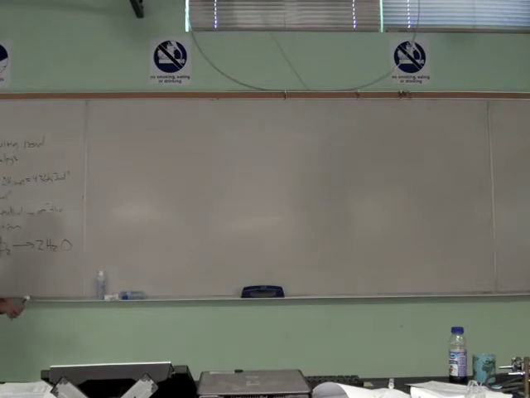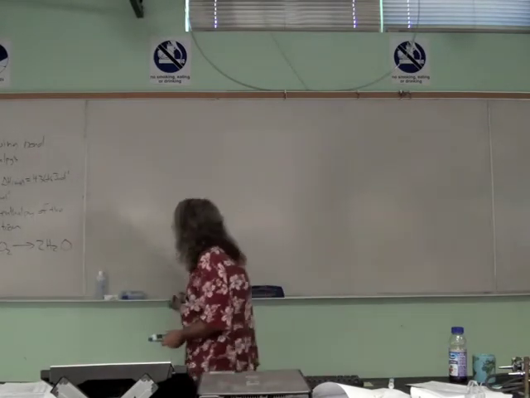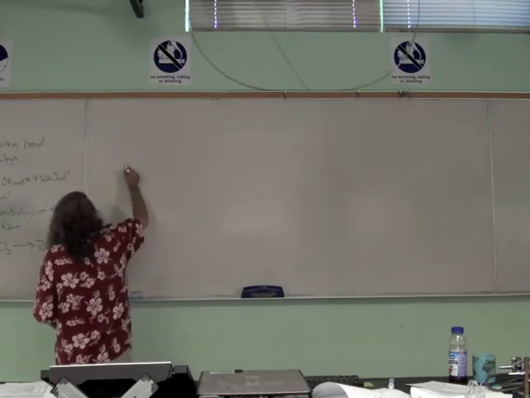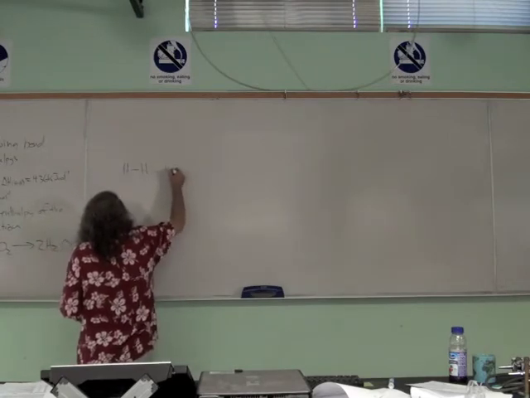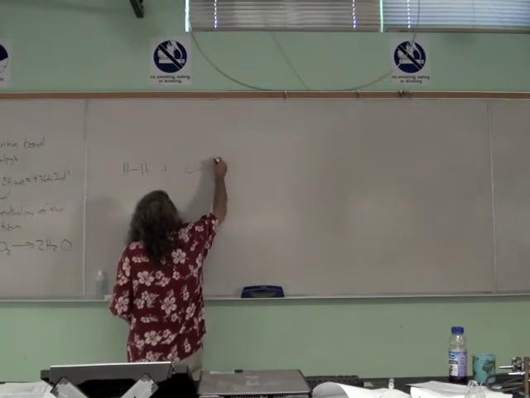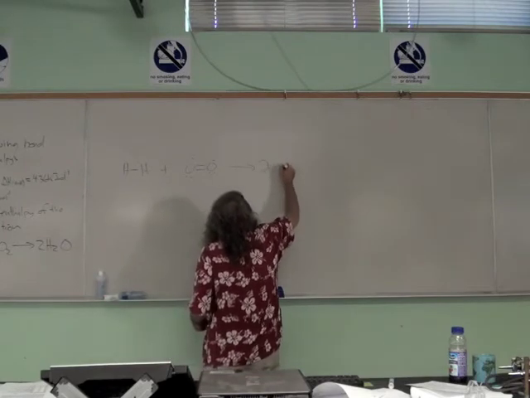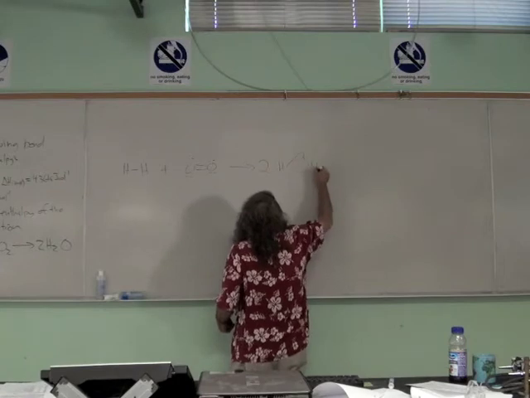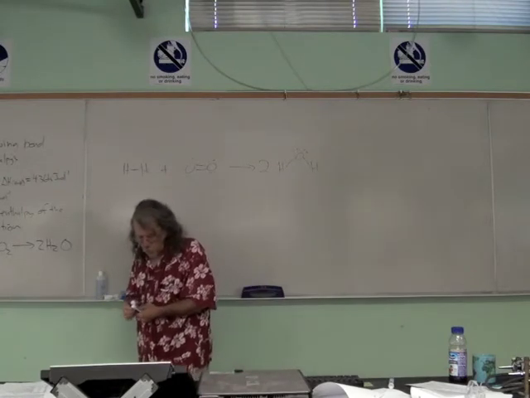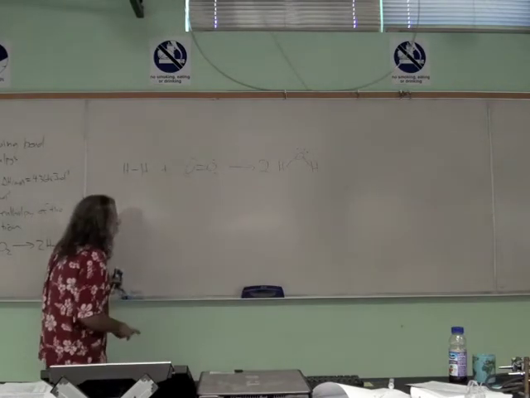All of this work is done on scratch paper. Let's do it. I'm going to have to draw the molecules, so just like we did before on the bond dissociation energies, I needed to draw this.